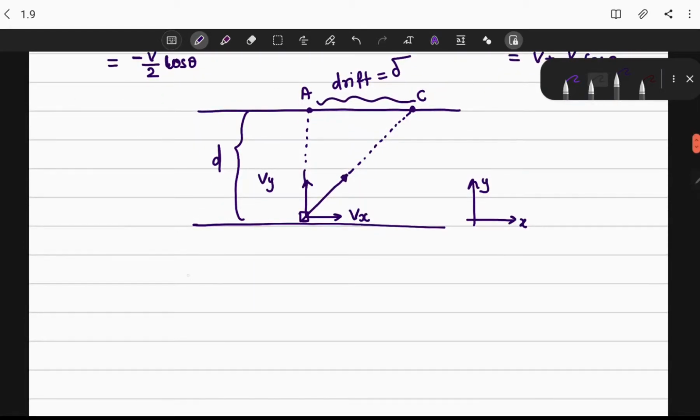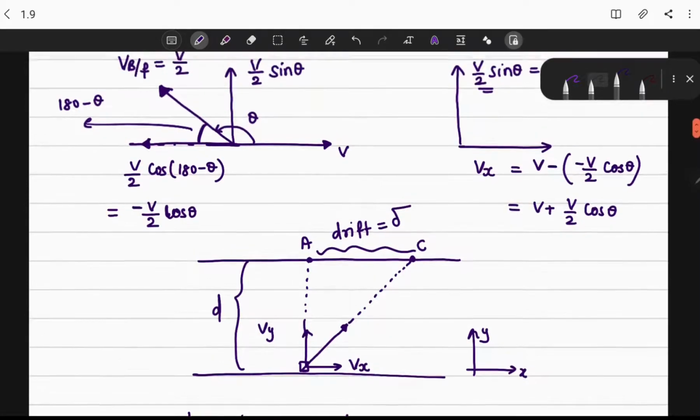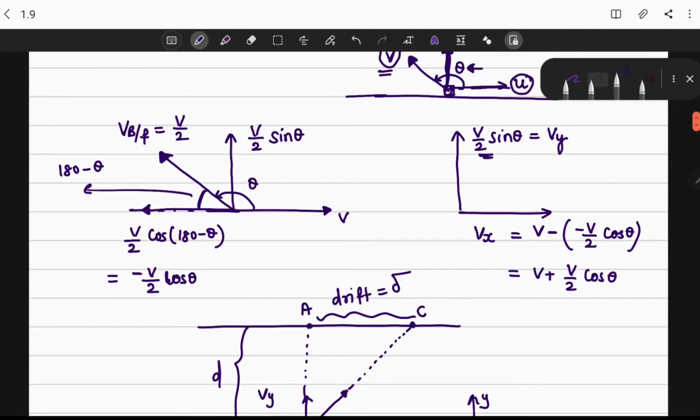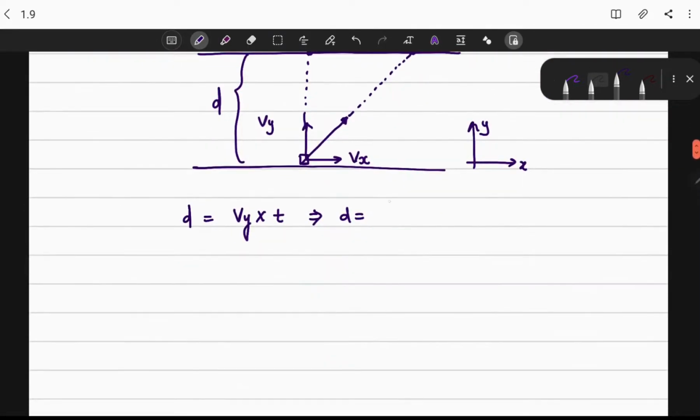We can write d is equal to the velocity in y times the time taken. Vy we found as v by 2 sin theta, so d is equal to v by 2 sin theta into time, and from here the time is equal to 2d upon v sin theta.